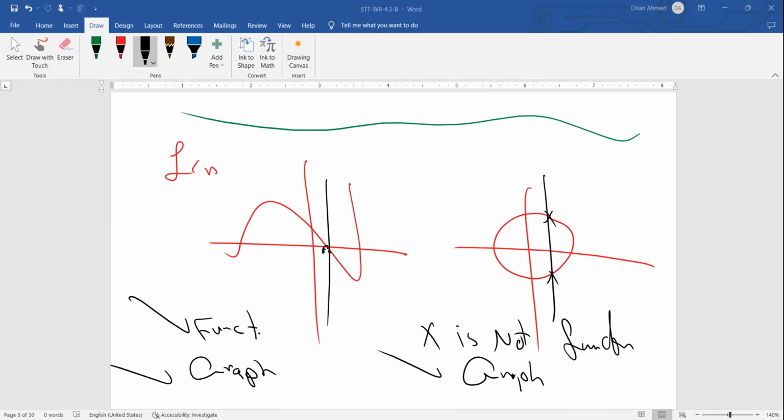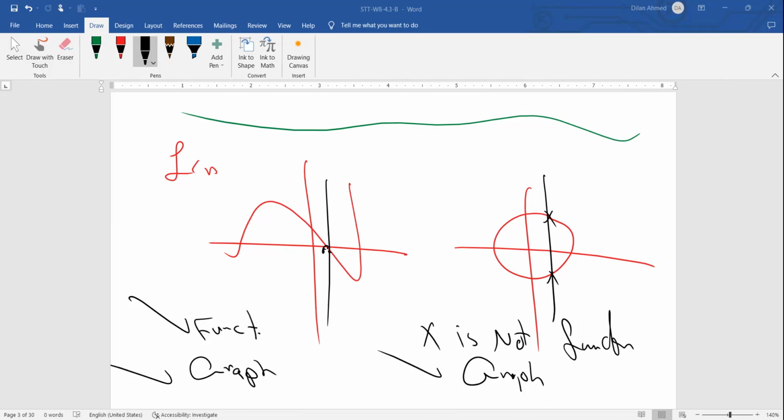Now, as I told you, we have one challenging thing in 2.2: the piecewise function.